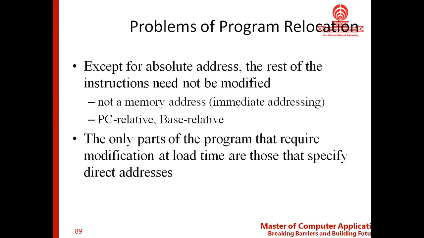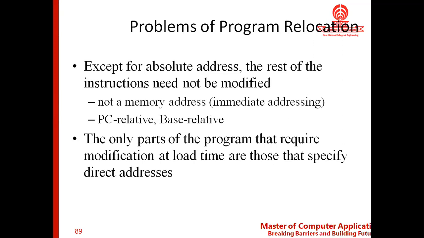Whereas when you refer to the direct address, the absolute address, definitely it is going to affect the address of the symbol. That's the reason we say that the rest of the instructions, except the absolute address, need not be changed. Only those instructions that use the absolute address or the direct address need the changes.